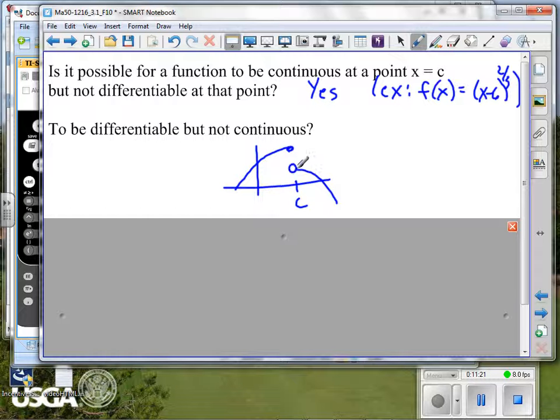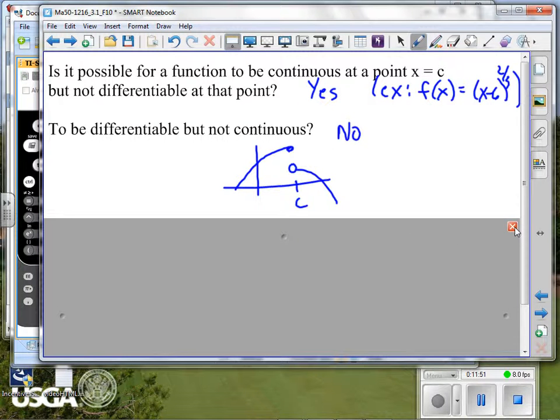So how can you have a derivative if you don't have a point? We also can say that we have to be approaching from both directions and get the same value, and that doesn't always hold up. But we don't have a point here, so we can't say that it is differentiable there, because you can't find a derivative if it's not continuous. So the answer to this one is no. Is it possible to be differentiable but not continuous? The answer is no.